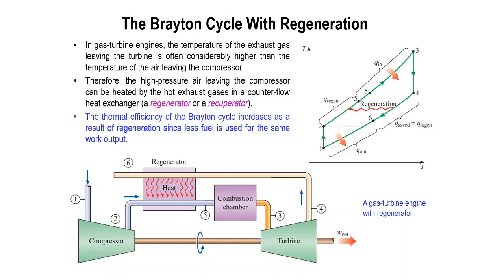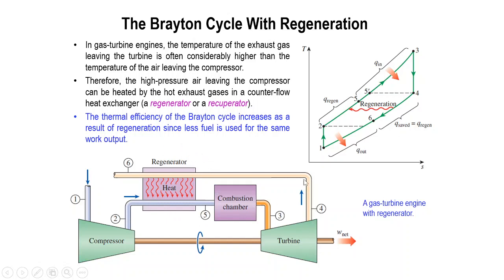Therefore, the high pressure air leaving the compressor can be heated by the hot exhaust gas in a counterflow heat exchanger, or a regenerator or recuperator. Basically, this is your regenerator, the heat exchanger.